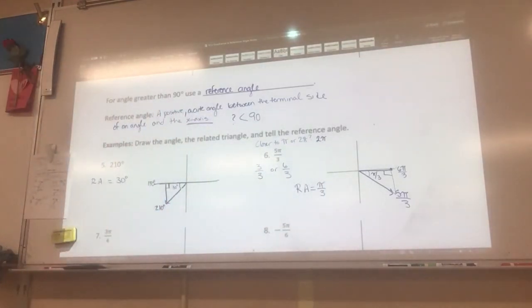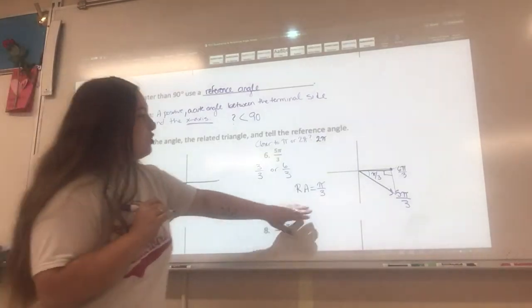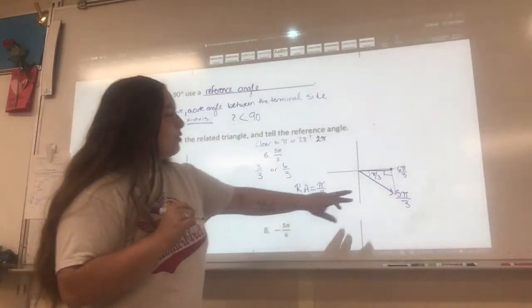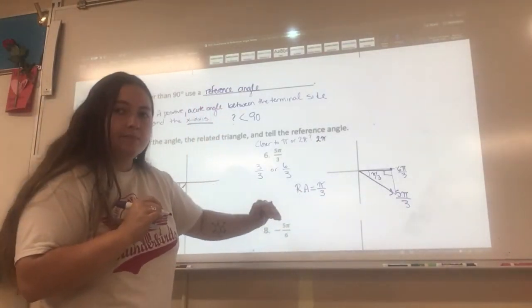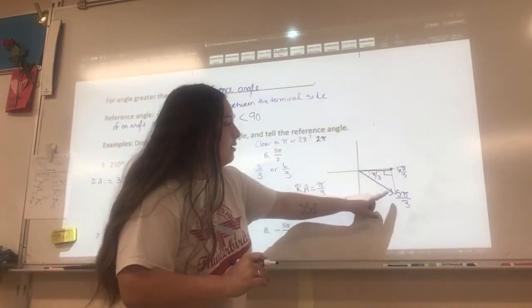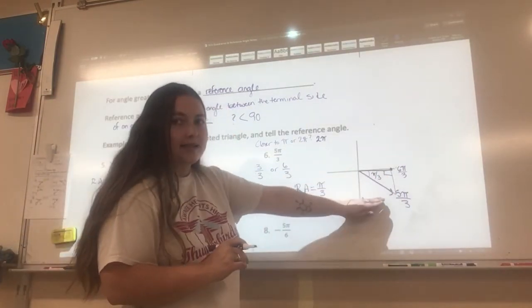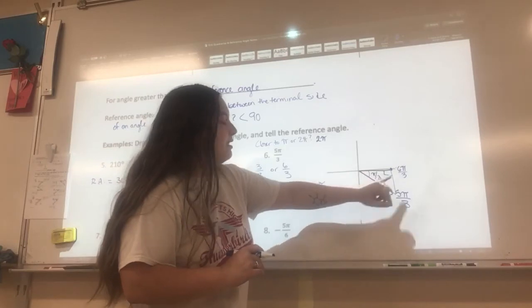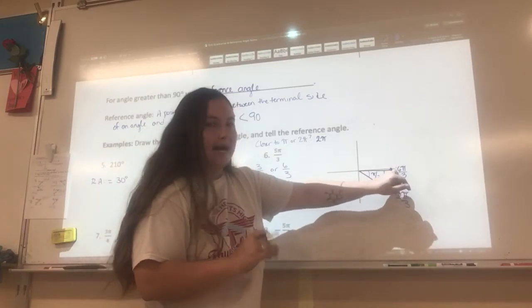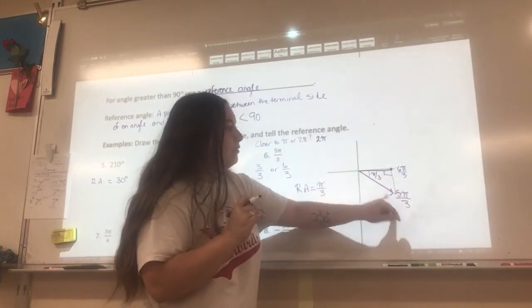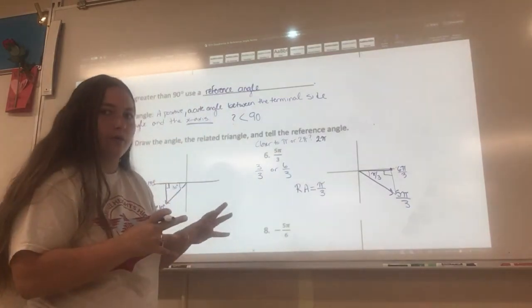Okay? All we're doing now is just looking for the reference angle. You are drawing your angle like you did last time. You are connecting it to the closest x-axis, and you're seeing the difference between the closest x-axis and your angle to create your reference angle.